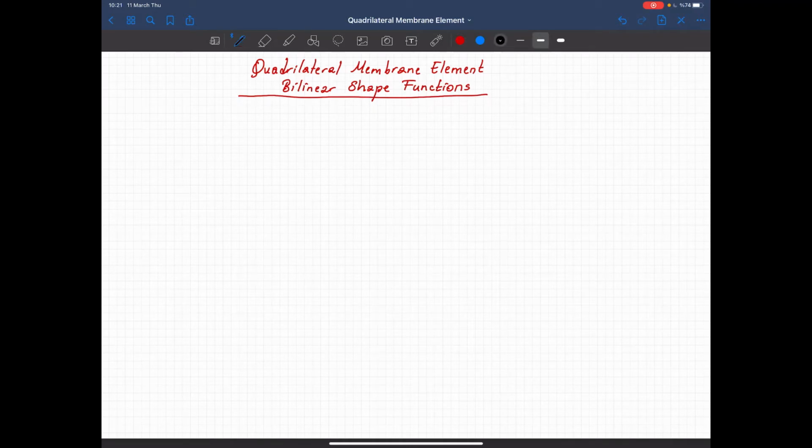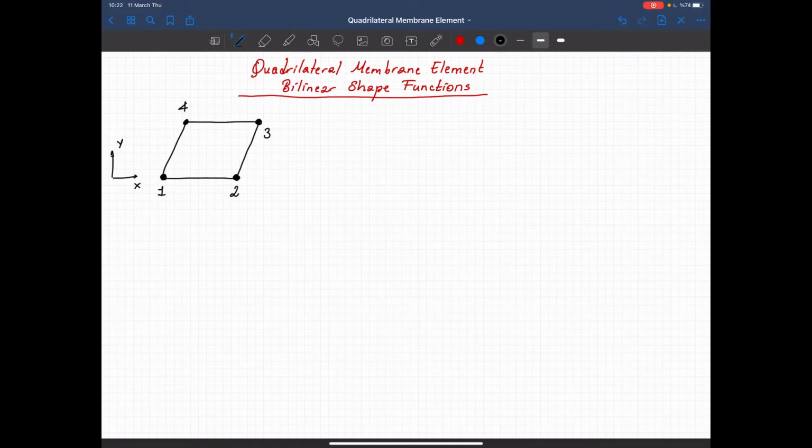So let's first define our element. Let's draw it this way. It doesn't have to be square, it can have any shape. Just X and Y. So that's our node 1, node 2, node 3, and node 4.